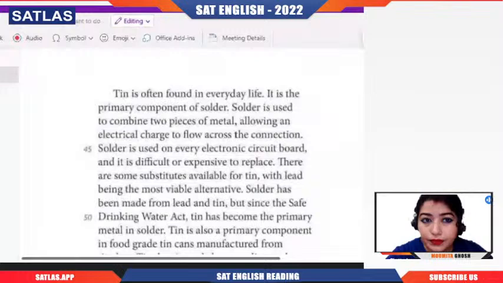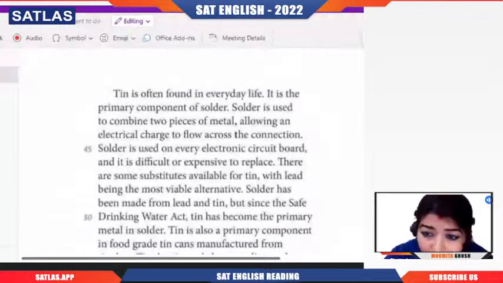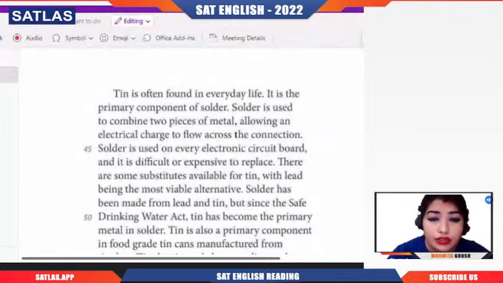So tin is often found in everyday life. It is the primary component of solder. Solder is used to combine two pieces of metal, allowing an electrical charge to flow across the connection.